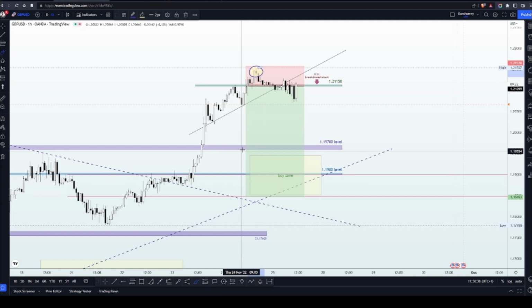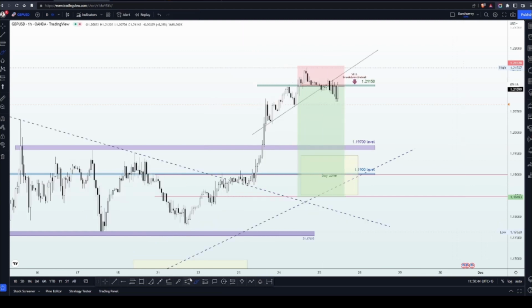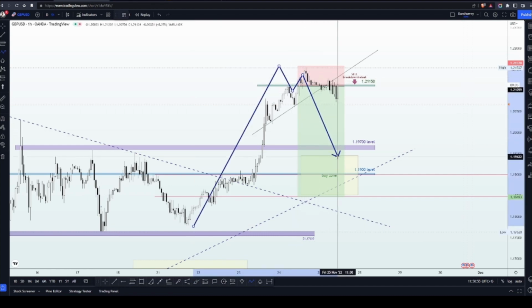And from a technical standpoint, whenever we have an impulsive move like this, we should expect that at one point in time there is going to be a retracement phase, which is going to be a reflection of profit-taking activities. And what do I mean by profit-taking activities here?